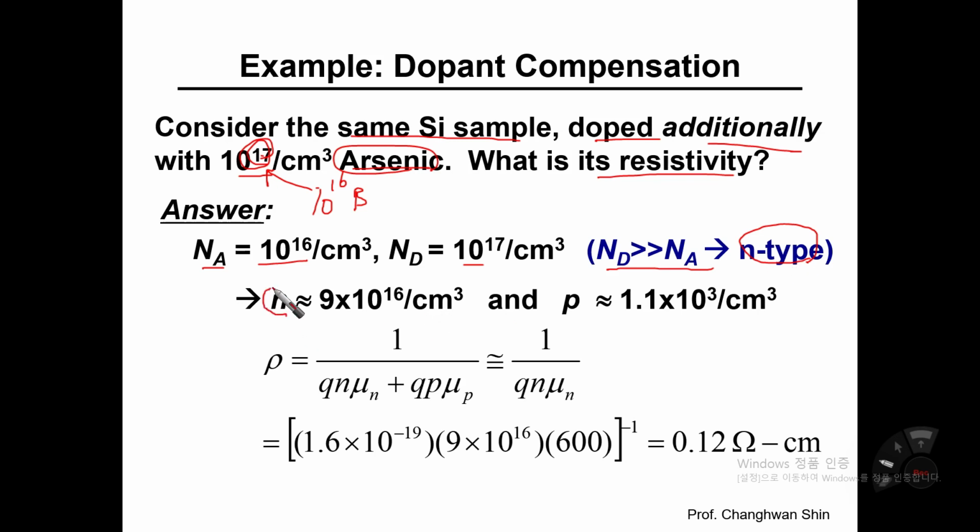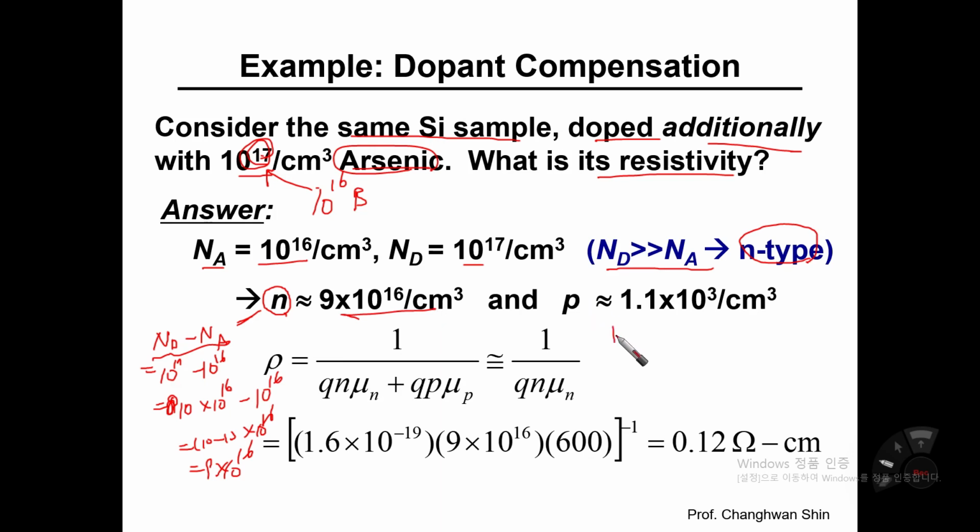So when estimating the electron concentration, n is governed by the net dopant concentration. So here Nd minus Na, so 10 to the 17 minus 10 to the 16, which means 10 times 10 to the 16 minus 10 to the 16, so 10 minus 1, so 9 times 10 to the 16.